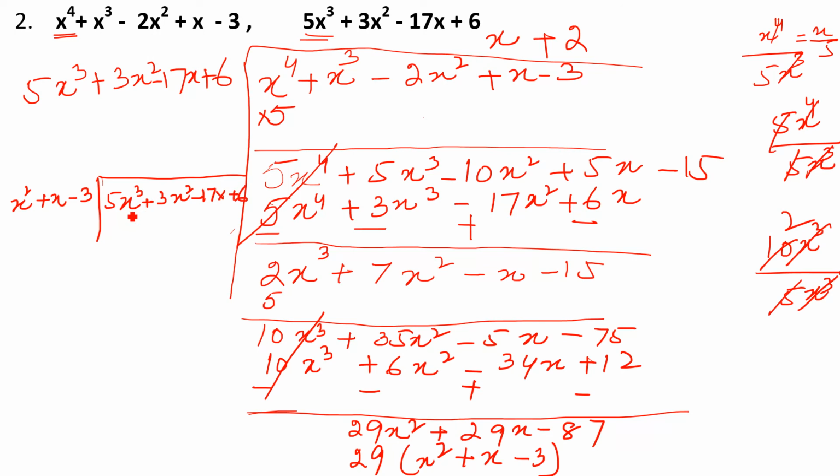Right? Take the first term of this divided by this, we will get 5x. Write down 5x here. So it will be 5x cube plus 5x square minus 15x. Right? Change the sign.